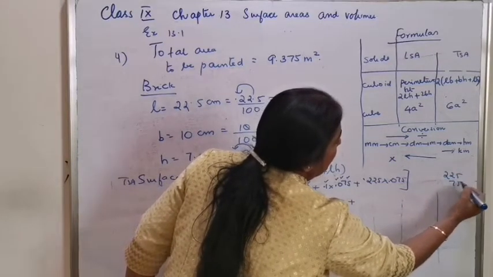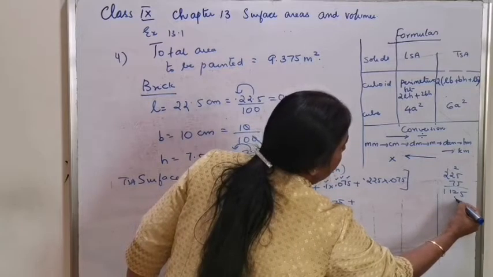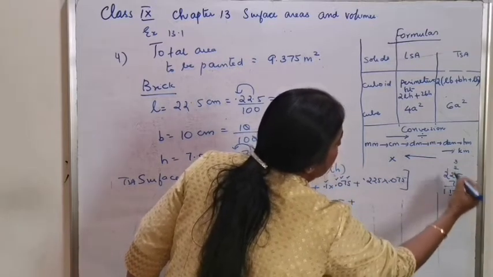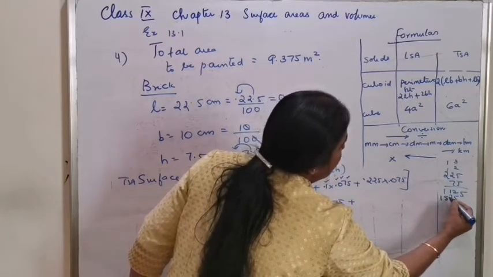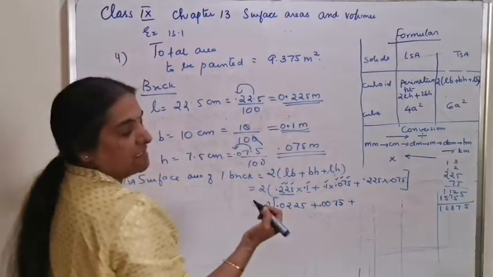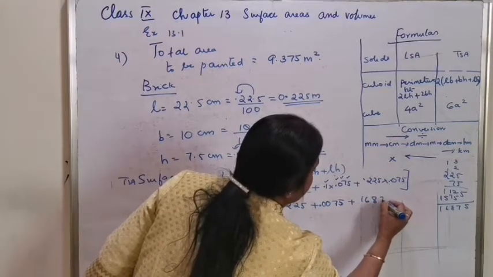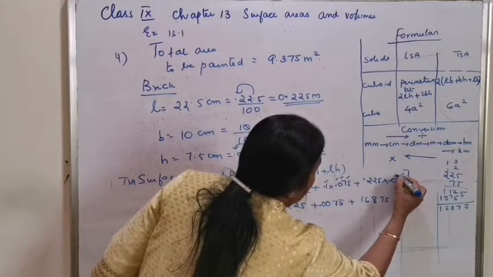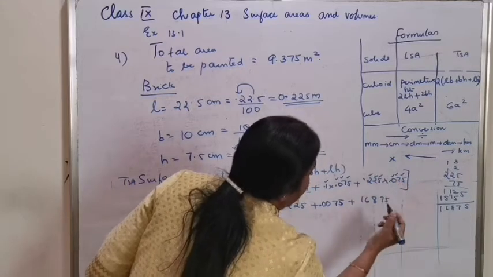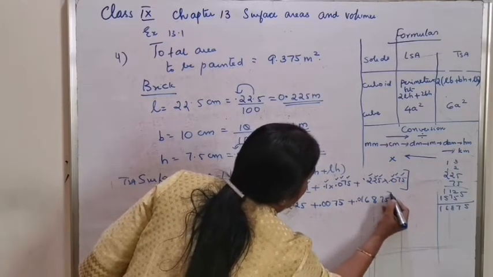Let's work it out. 16,875. Remove the decimal: 1, 2, 3, 4, 5, 6 places, 6 decimal places.